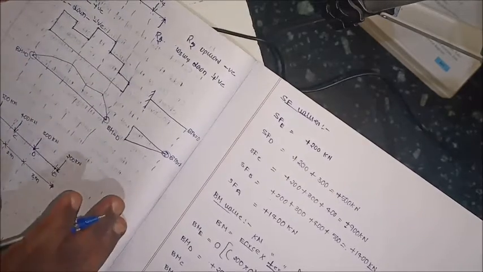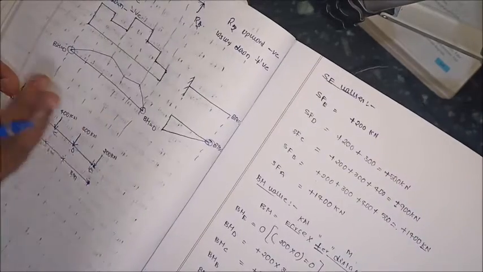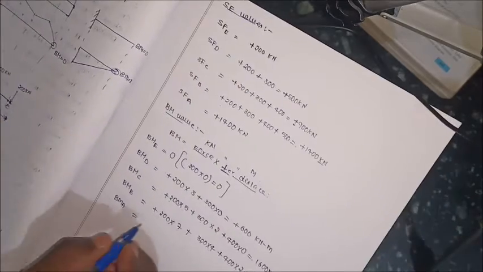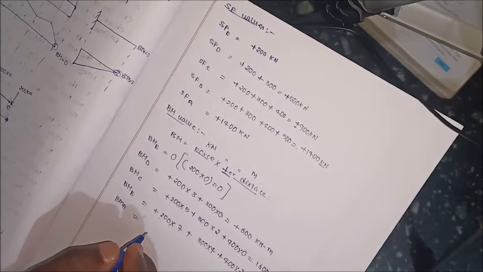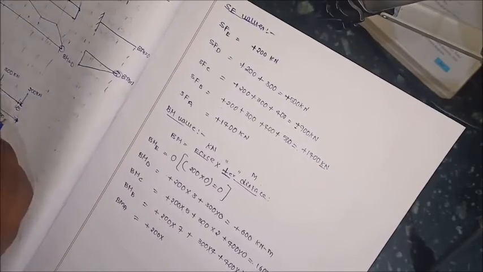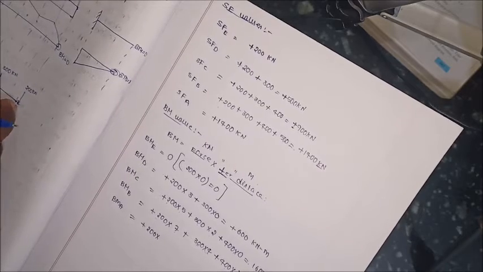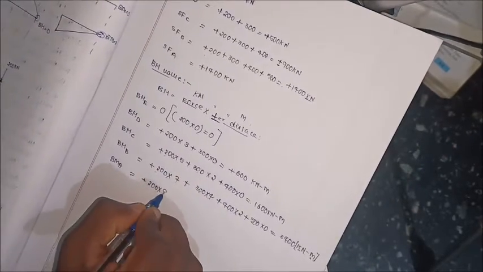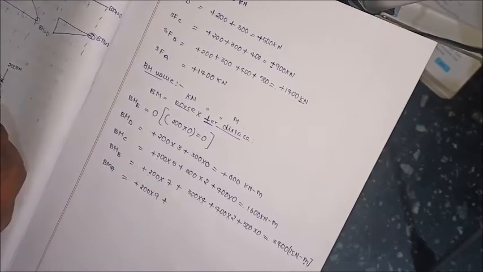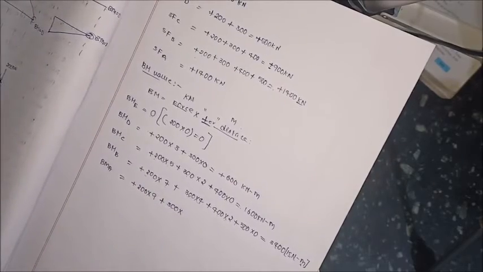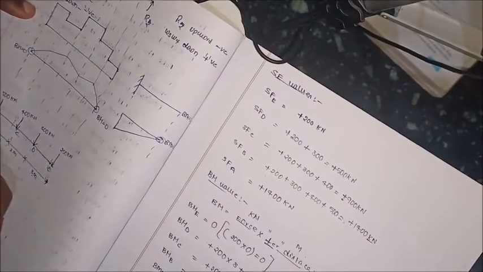We should consider the total forces for the bending moment at A. So here, for the bending moment at A, it is plus 200 into the perpendicular distance, which is nothing but the overall distance from E to A, 3 plus 2 plus 2 plus 2, 6 plus 3, 9 meters. 200 into 9 plus 300 into, what is the perpendicular distance? 2 plus 2 plus 2, 6.